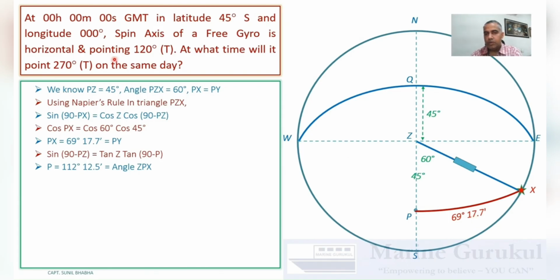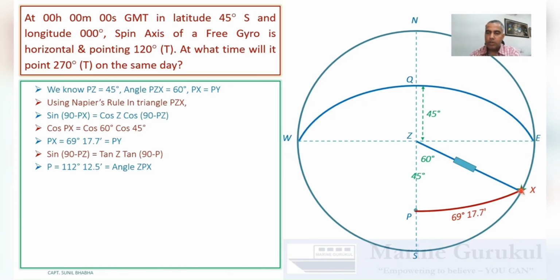Now the question says that we need to find out when the star is going to point 270 degrees, or the spin axis is going to point 270 degrees. So let us first try to see the declination circle of this particular star. The star has risen at point X, and the declination circles of all celestial bodies are centered at the pole and are parallel to the equinoctial.